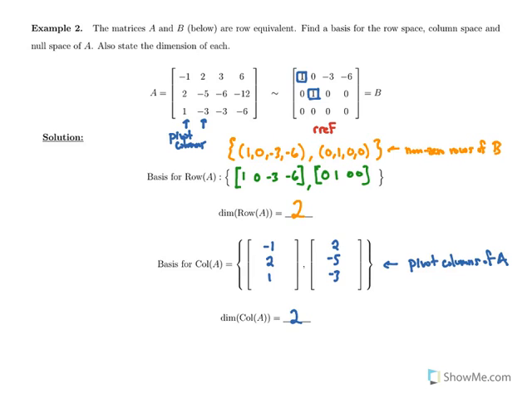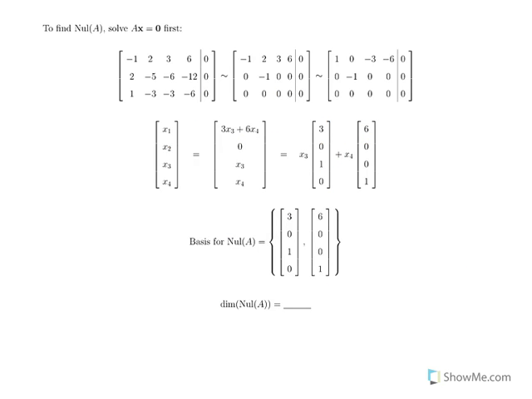And then when we look at the null space of A, that's the different one where we have to look at the homogeneous equation AX equals 0. So first we solve that homogeneous system, noting that we end up with the row reduced echelon form over here, augmented with the 0 matrix. We can see that most of our information comes from that row reduced echelon form.